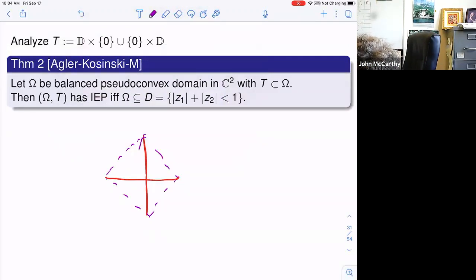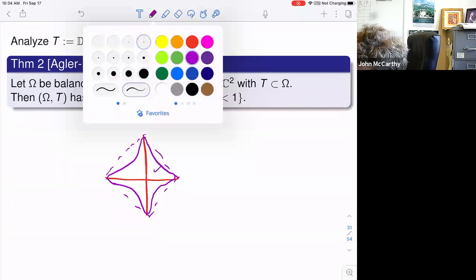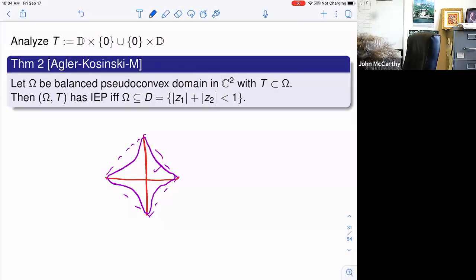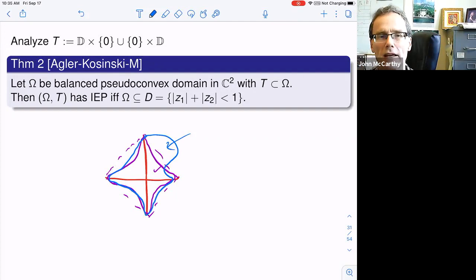So if I choose omega to be this set, that works. And if I choose omega to be this set, it fails because of this bulge. Oh, my second choice of omega is bad. Sorry, that's not a good choice because it's not balanced.